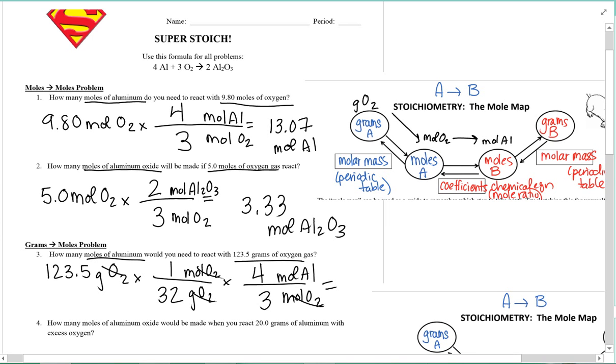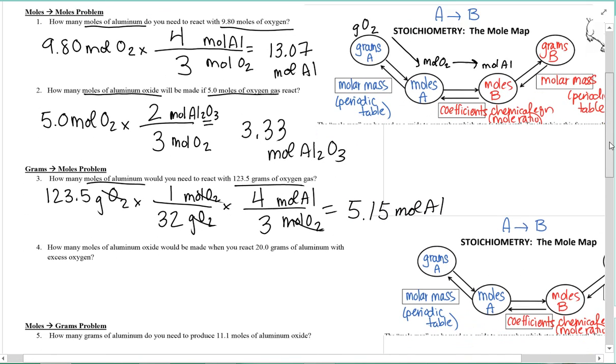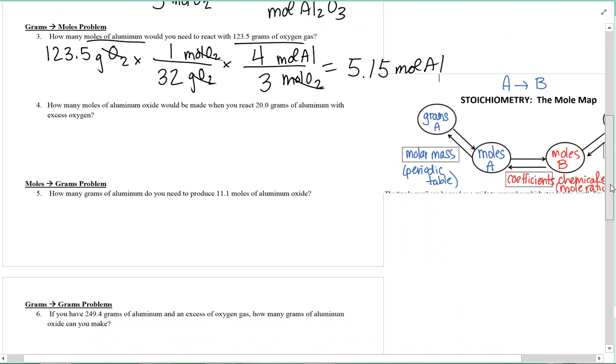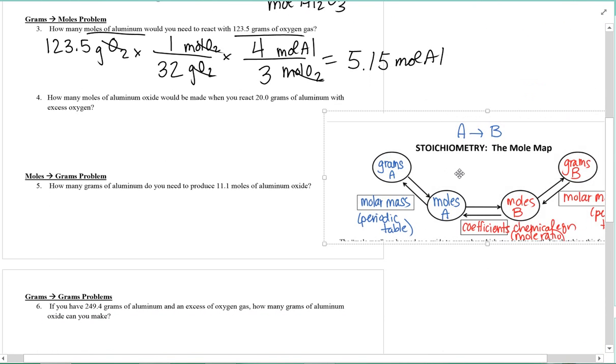When I plug that in my calculator, it's 123.5 times 1 divided by 32 times 4 divided by 3, and I should end up with 5.15 moles of aluminum. So that is a grams to moles problem. Let's scroll down and try a grams to moles problem.